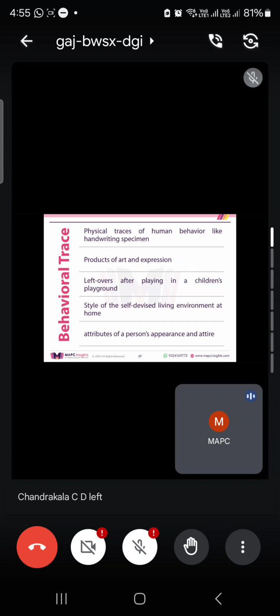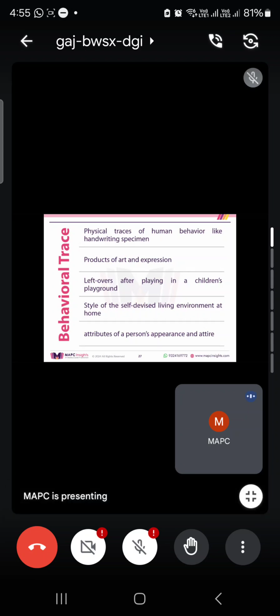Most of the time we use this technique with children. We allow them to express through drawing, and we can trace the behavior. We can find out more about the child or his past through the drawing.